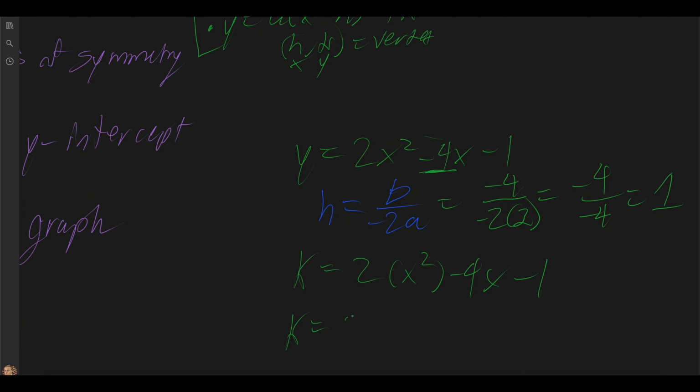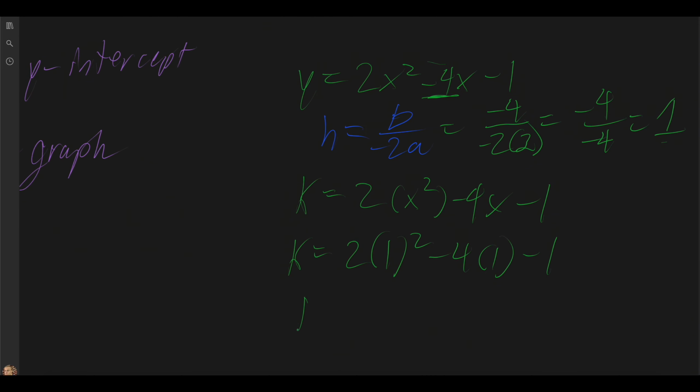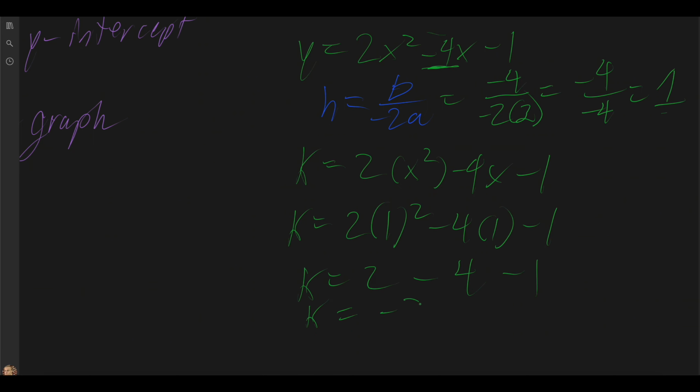So we'll have k is equal to 2 times 1 squared, minus 4 times 1, minus 1. K is equal to 2 minus 4 minus 1, and all together we have negative 3.